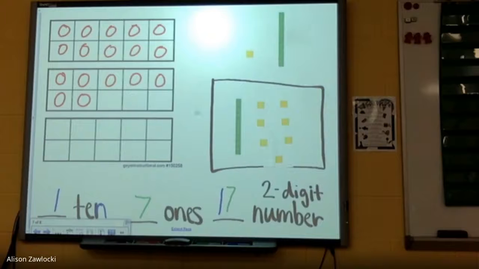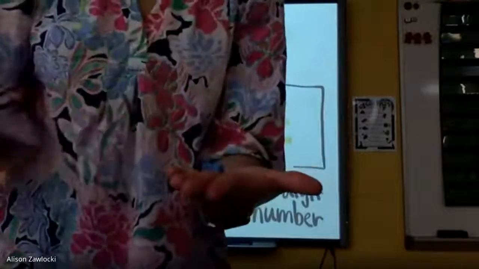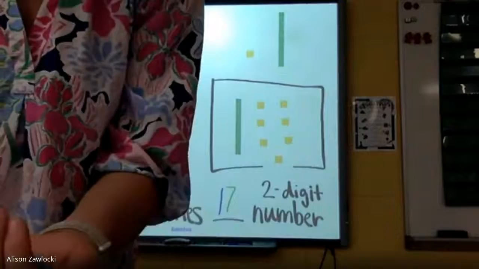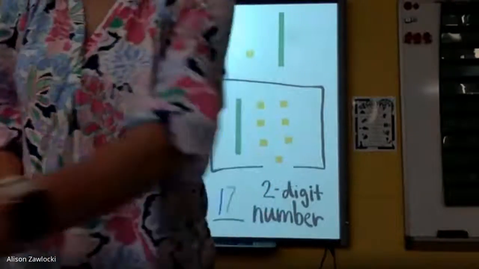Very good job, boys and girls. 1 ten and 7 ones. Please make sure that yours looks like this. You have 1 ten and 1, 2, 3, 4, 5, 6, 7. We have 7 ones.